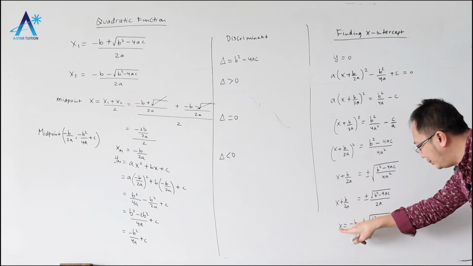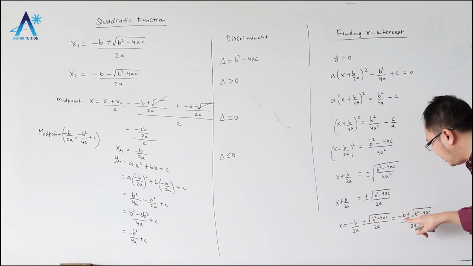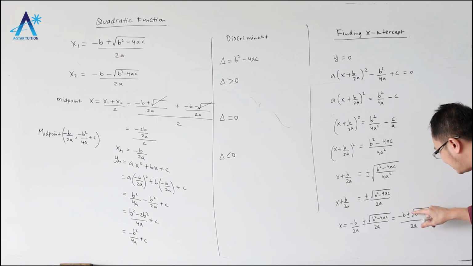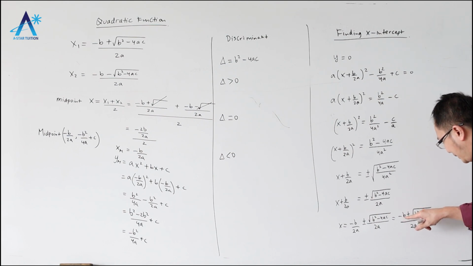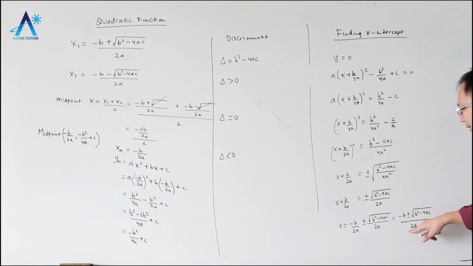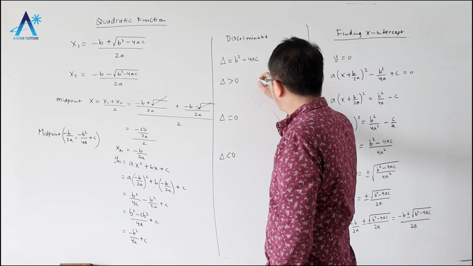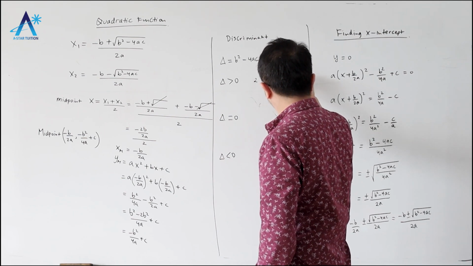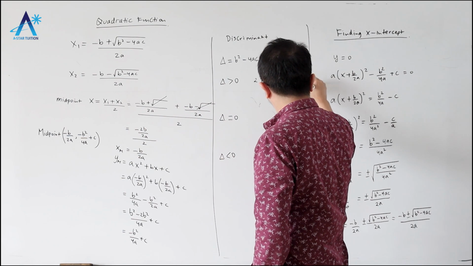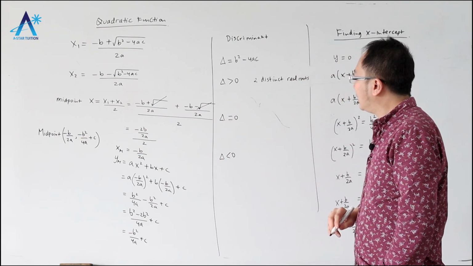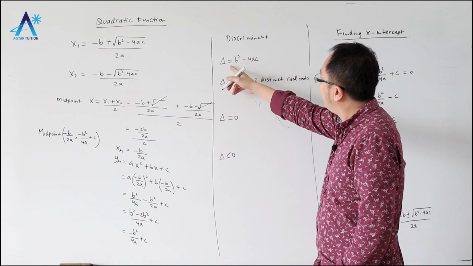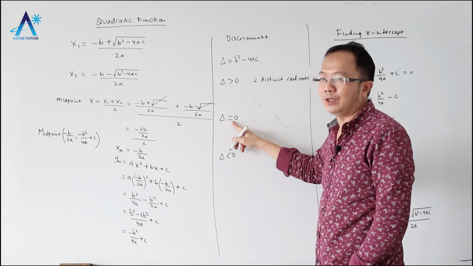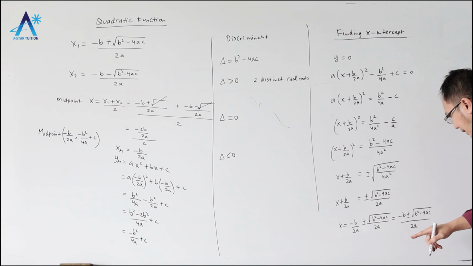So one is negative b plus the square root of such thing over 2a, and another one is negative b minus the square root of such thing over 2a. So the result will be two distinct real roots.